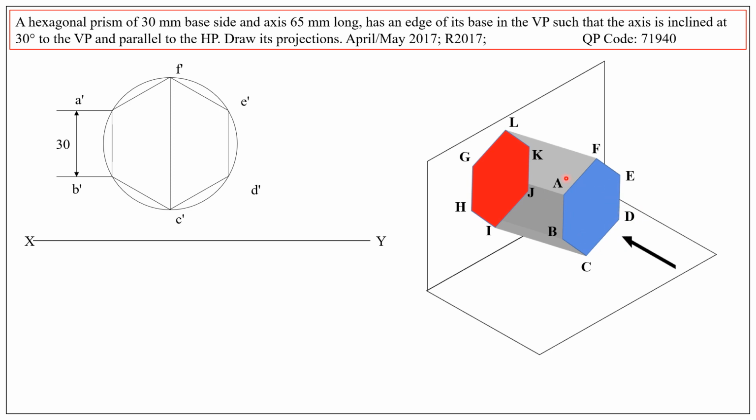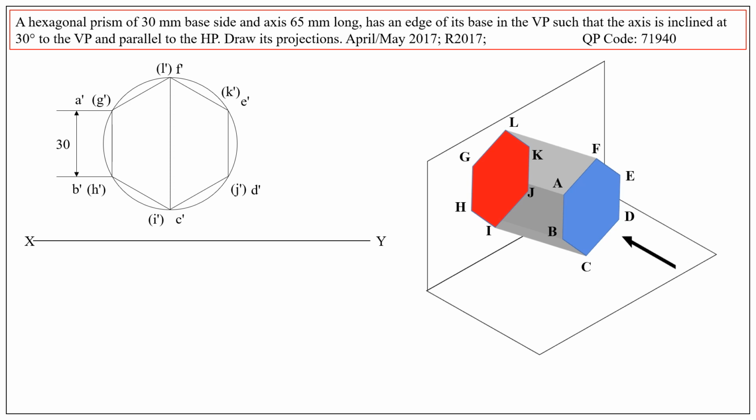And what about the points G, H, I, J, K, L? They are represented within brackets because the hexagon ABCDEF is nearer to the eye of the observer, and the hexagon GHIJKL is away from the observer's eye and is directly behind the front hexagon ABCDEF.